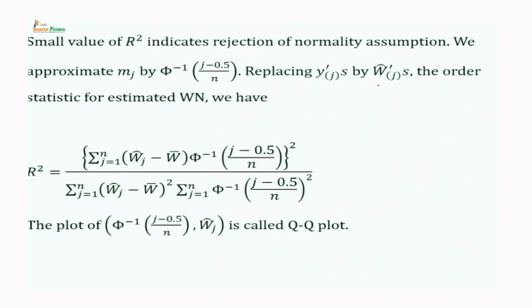For residuals, you simply replace these y j's by w hat j's, the order statistics for the estimated residuals. Again, this is the value of R square for the estimated residuals.